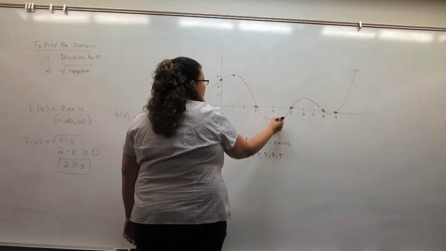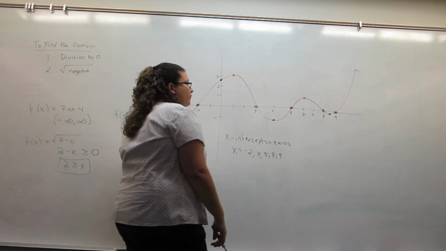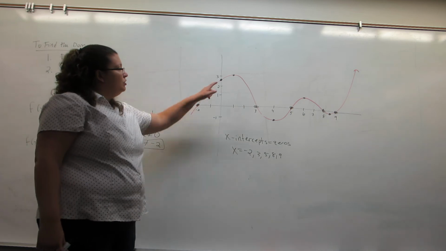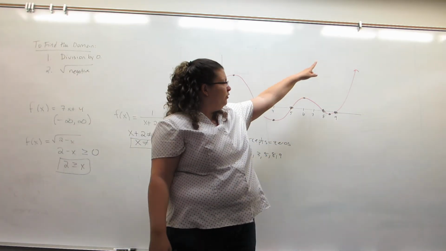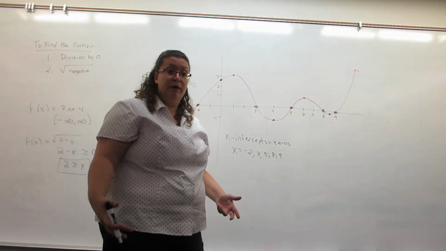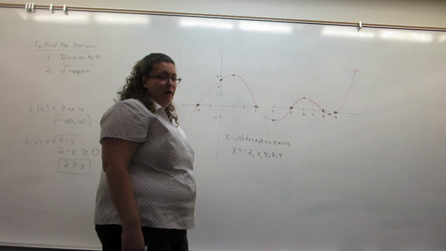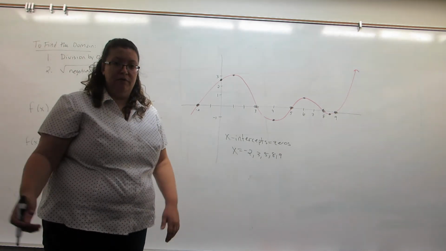I like to know where the highest or lowest points of the graph are. Now, notice these 2 high points are not the highest point on the graph overall, because this part over here on the right is going to keep on getting bigger and bigger and bigger forever. And these 2 low points are not the lowest point on the graph overall. So we can't call them the maximum or the minimum of the graph.